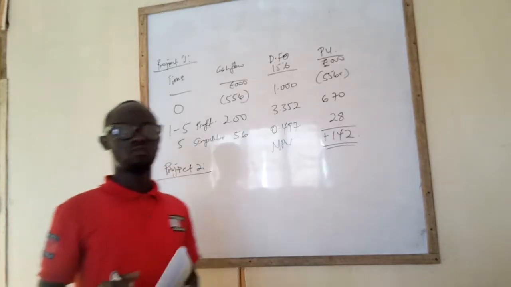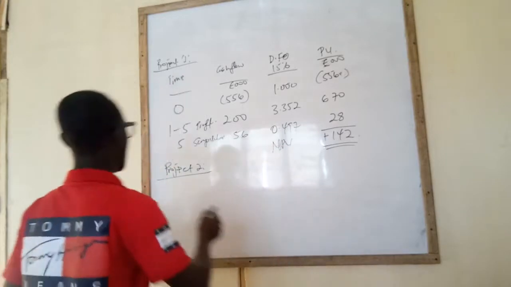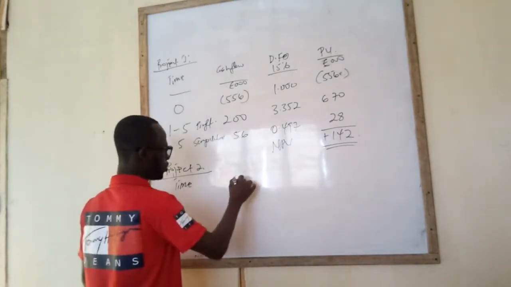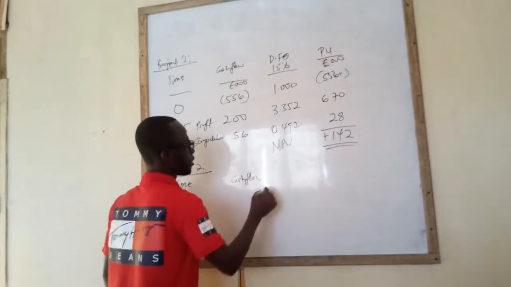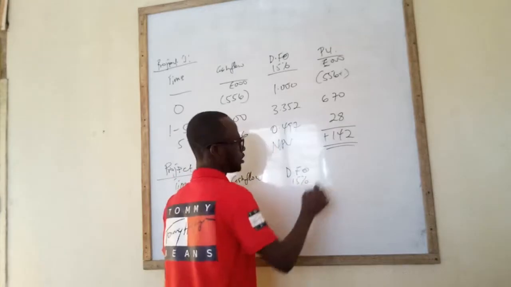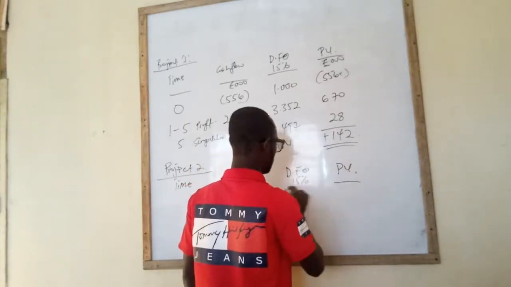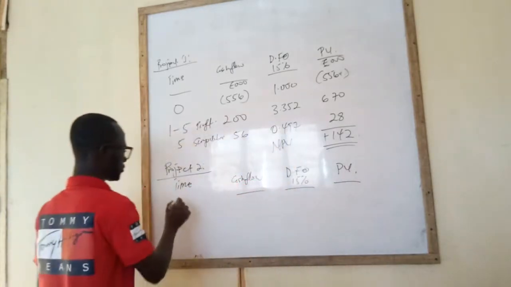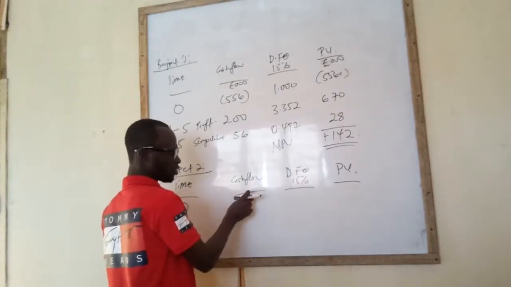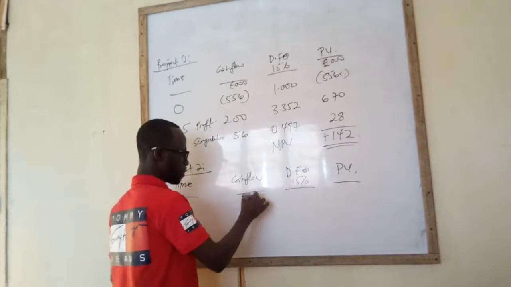Project 2 is going to be following the same trend, okay? So time, cash flows, discount factor, still at 15%, and then the present value. Then the time is going to be year 0. That one is still 3 zeros up, so let me put that there.